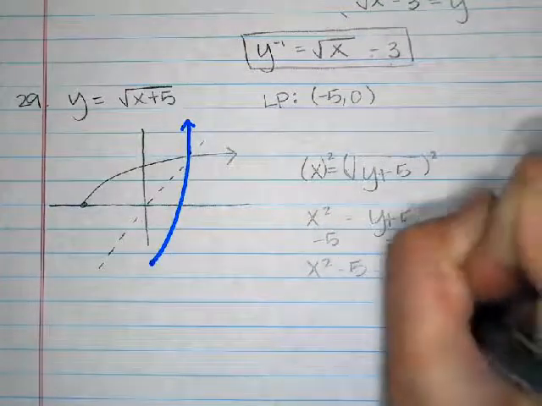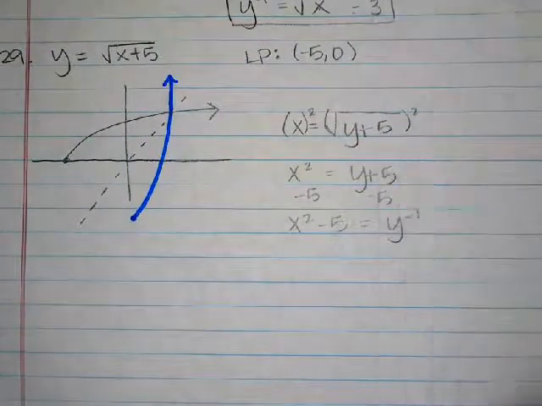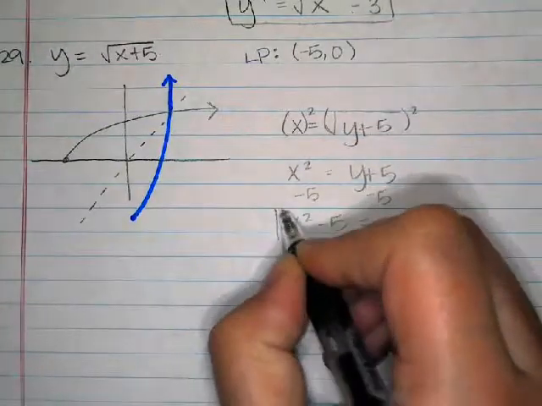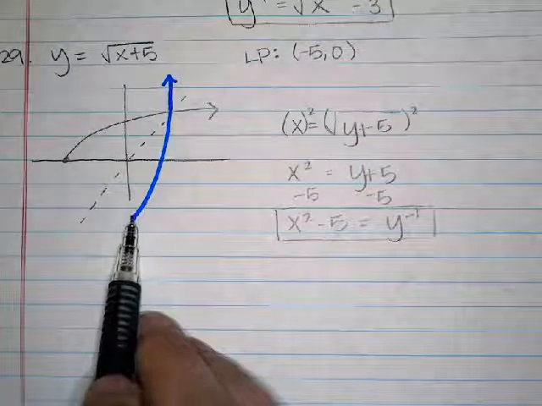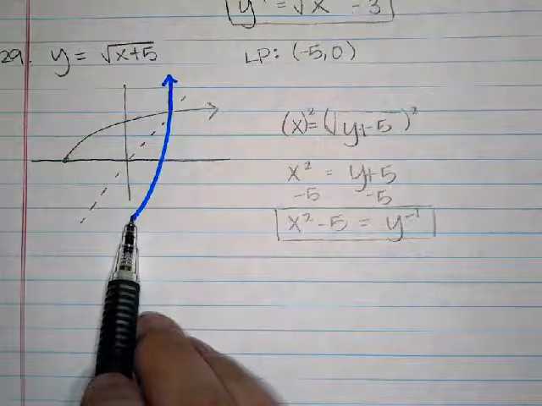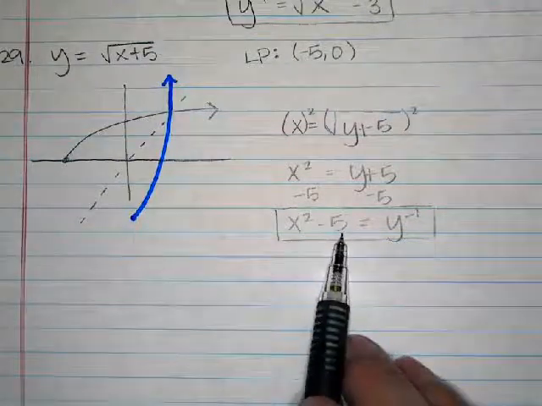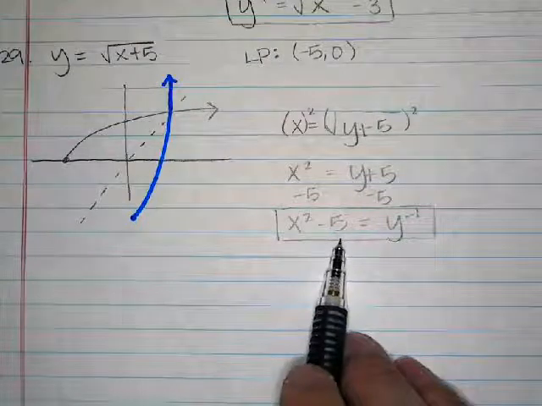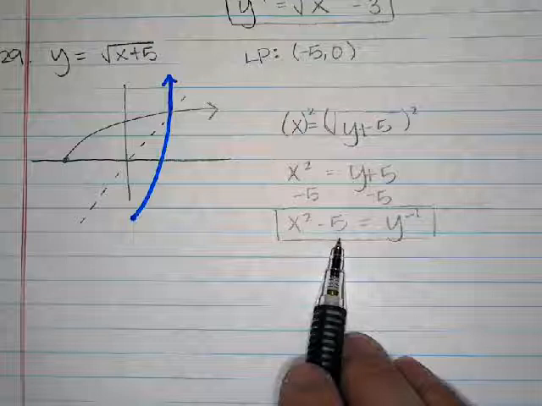So here's our equation. Does the inverse look like a parabola that has been shifted down 5? Yes. And then how do we write that this parabola is only the right half? Domain is, yep, only positive, 0 to infinity.